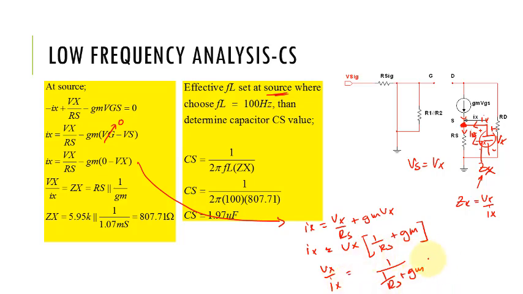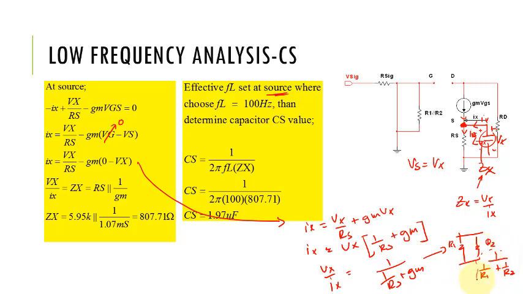So this equation is basically equal to two resistors in parallel, R1 and R2. When we have two resistors in parallel, it becomes 1 over R1 plus 1 over R2, like this.